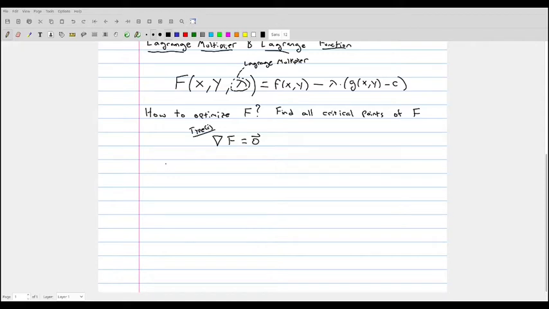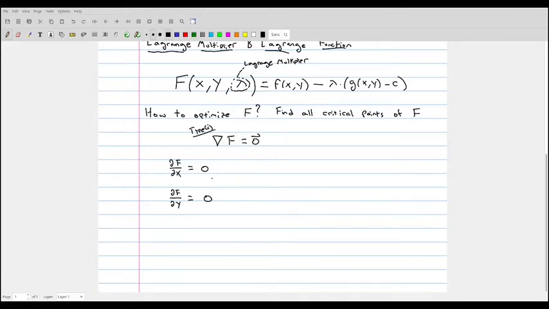Well, this is the same thing as having the x partial derivative of F be equal to 0, and the y partial derivative of capital F be equal to 0.